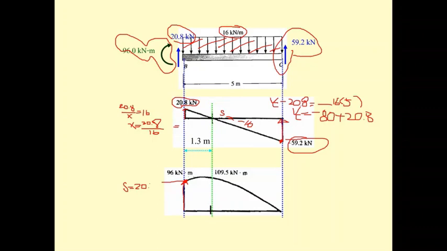This one is positive, right? Okay, it's positive. And then over here the shear is 0, so the slope at some point is going to be 0.